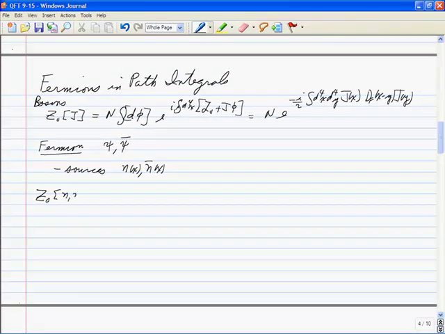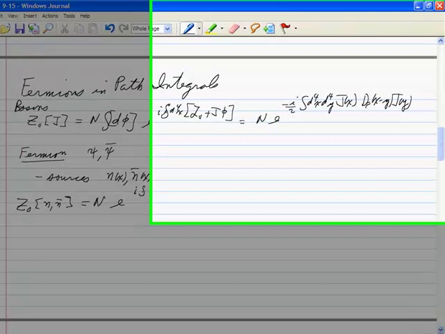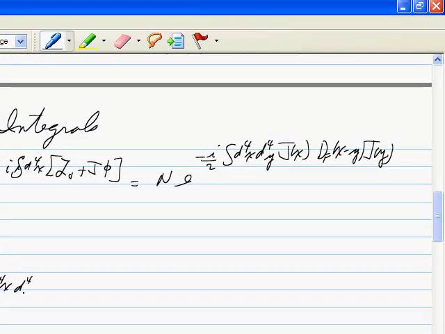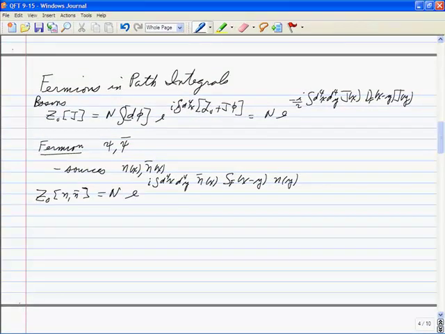So Z of eta, eta bar comes out as e to the I integral d4x d4y eta bar of x Feynman propagator of x minus y eta of y. Okay. Because then if we take functional differentiation, we'll get back to the propagator.